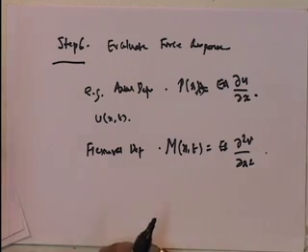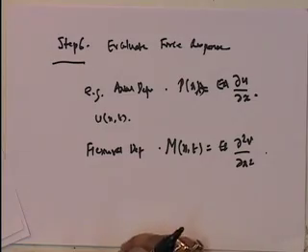First step, write down the particular equation of motion and the boundary conditions. Second step, solve the free vibration problem and obtain omega n and phi n of x.